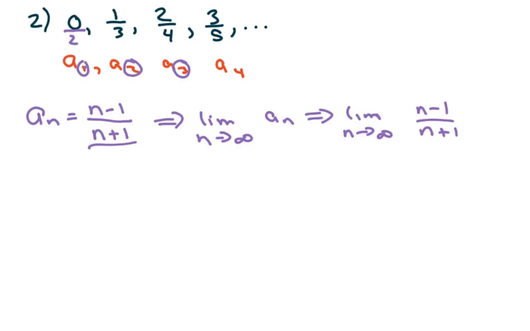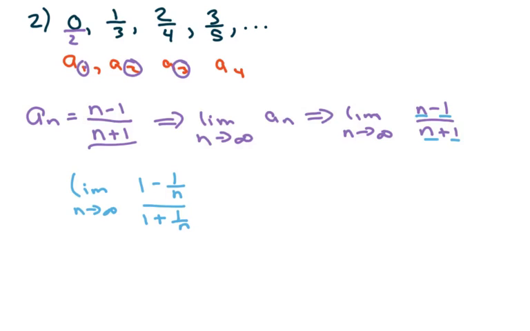And when you do that, what I can do for this is go ahead and divide all of these pieces by n. And if you do that, you get 1 minus 1 over n over 1 plus 1 over n.